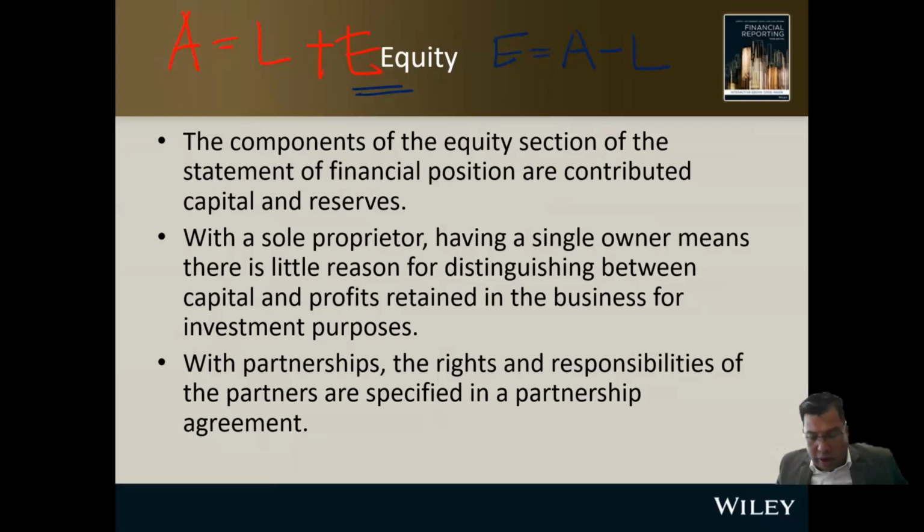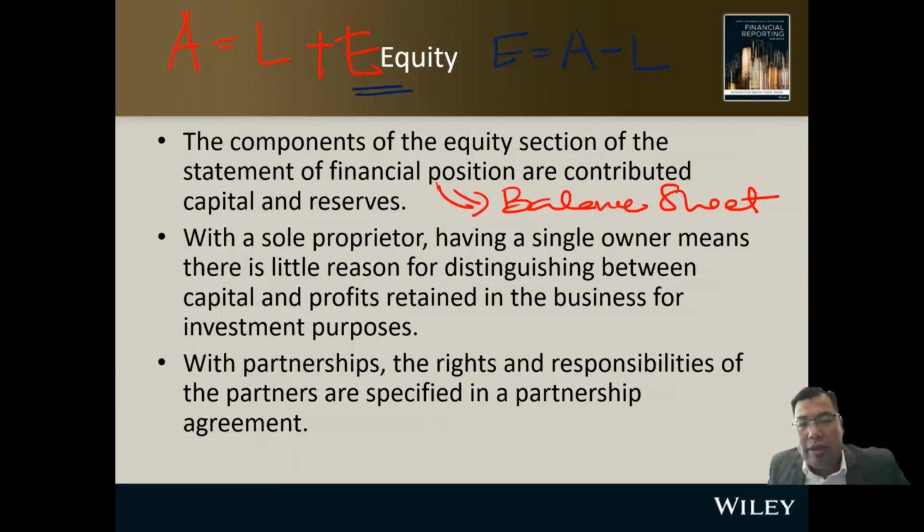So equity is basically a component of the statement of financial position, or what students normally call the balance sheet. With a sole proprietor, having a single owner, there is little reason to distinguish between capital and profit. When we did our AK 111, we only had one item, equity.